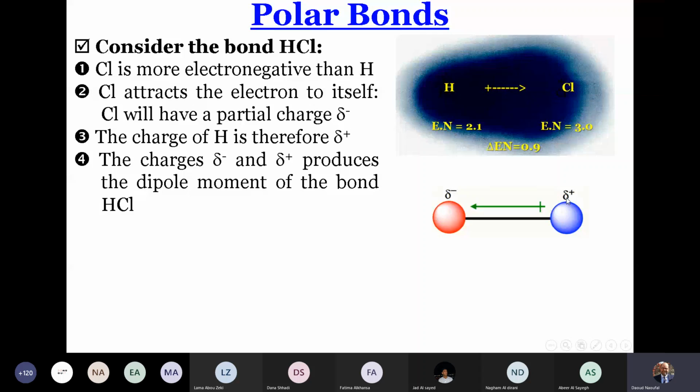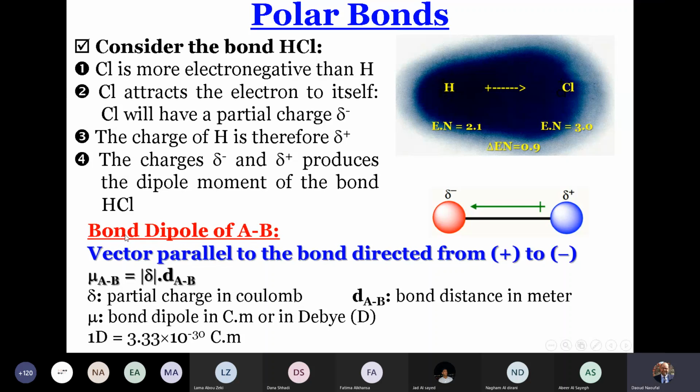Delta minus and delta plus will create the dipole moment of the bond. So the dipole moment of a bond is due to the presence of partial charges delta minus and delta plus around atoms. So what is the dipole moment by definition?